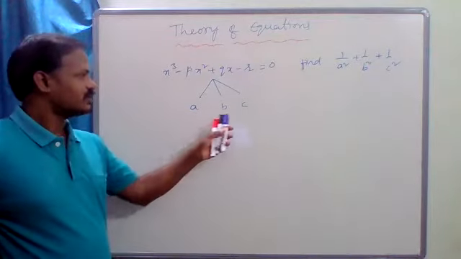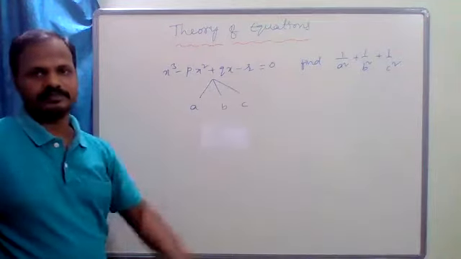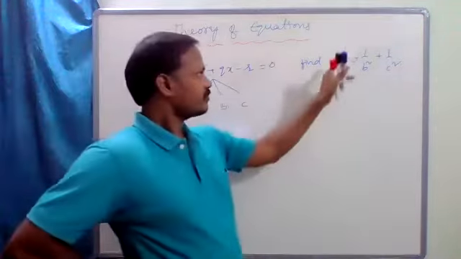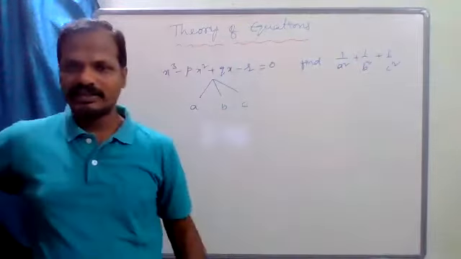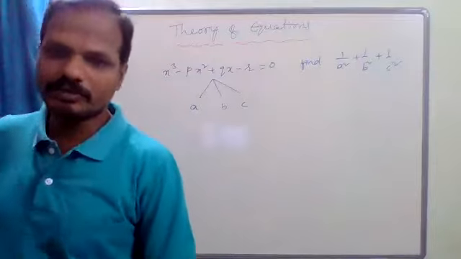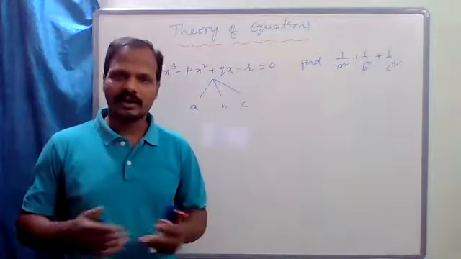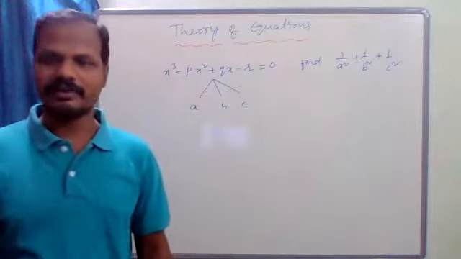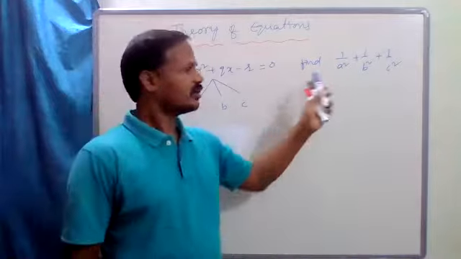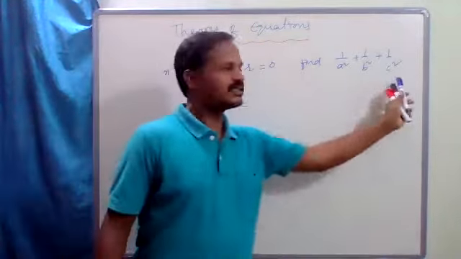a, b, c are the roots of this cubic equation. Then find 1 by a square plus 1 by b square plus 1 by c square in terms of p, q, r. That means you have to find the relation between the roots and the coefficients. So if you apply the relation between roots and coefficients, then you will get this result.